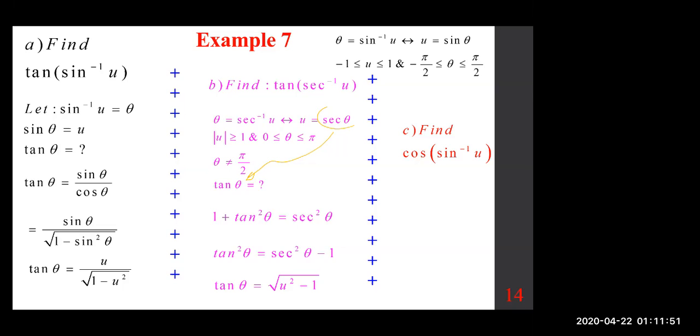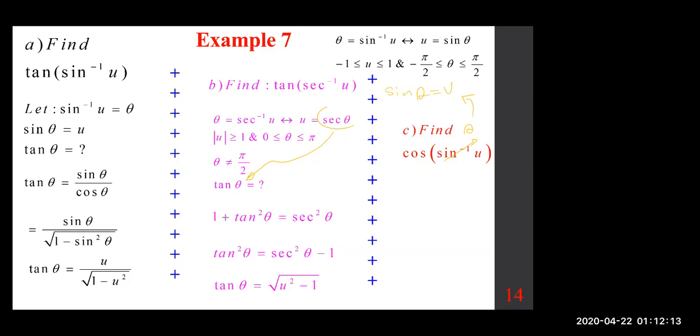Sine inverse is like theta. So you want cosine of theta given sine theta equals u.